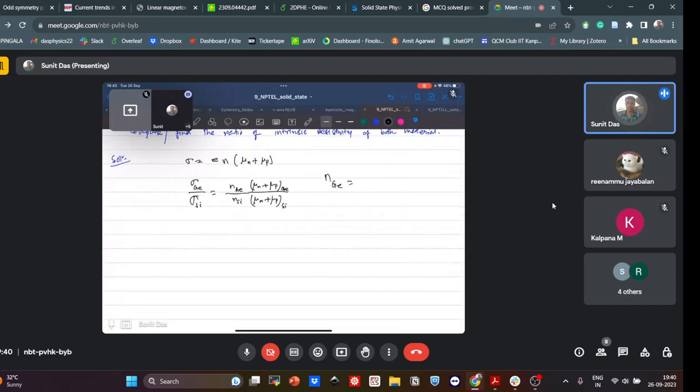So n for germanium is given by 2.5 into 10 to the power 19 per meter cube, and n for silicon is given as 1.5 into 10 to the power 16 per meter cube.